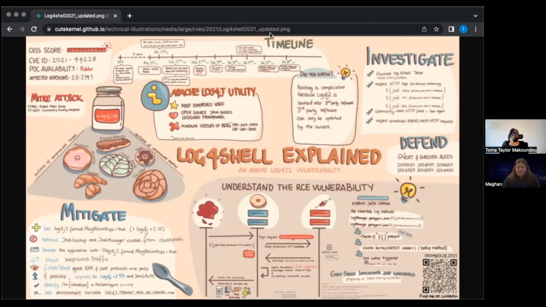Yeah, these are rules that were released at the very early stages of the exploitation of Log4Shell. And now we're seeing other technologies that have adapted their rules so that they can also detect the exploitation of Log4Shell.